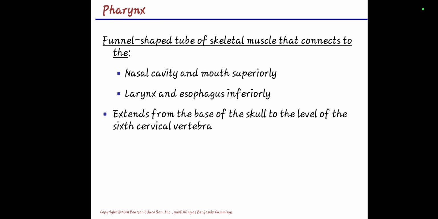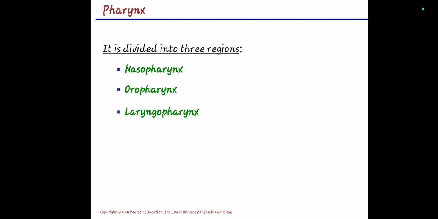If you want to protect your pharynx, you have to avoid smoking, because smoking can give infection. And the number one issue is the common cold. Okay, so that is the pharynx.